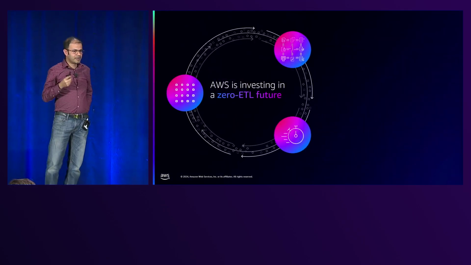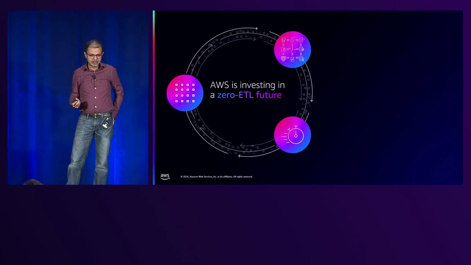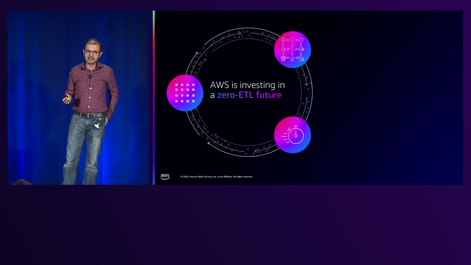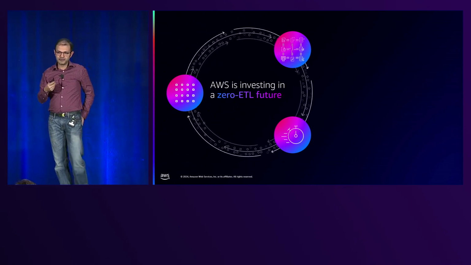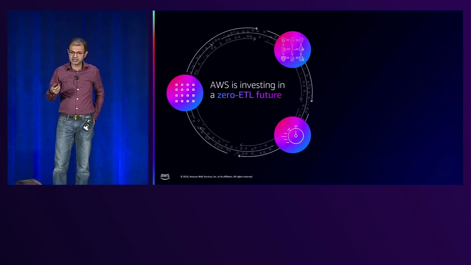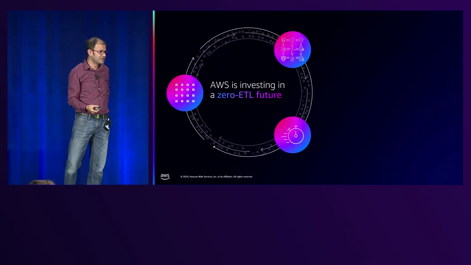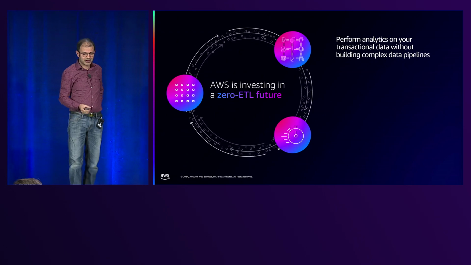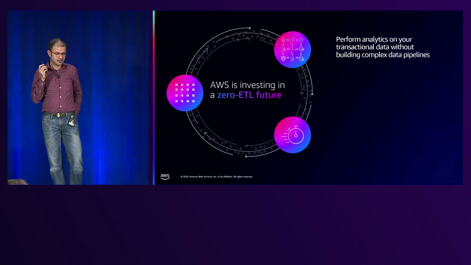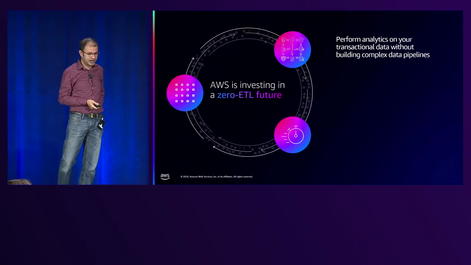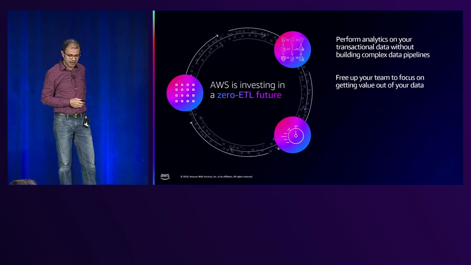So we have been investing in this overall zero-ETL vision that we laid out many years back. Every year, we have been enhancing zero-ETL, not just with sources, but also with newer features, as we talked about, so that you can perform analytics on your transactional and operational data without building complex data pipelines.